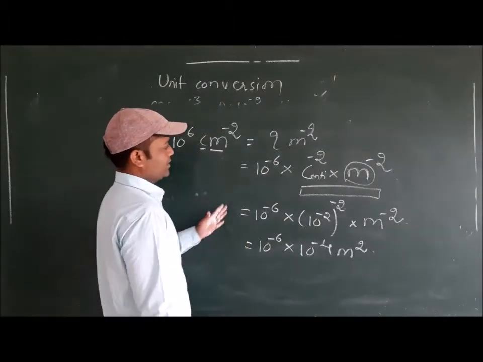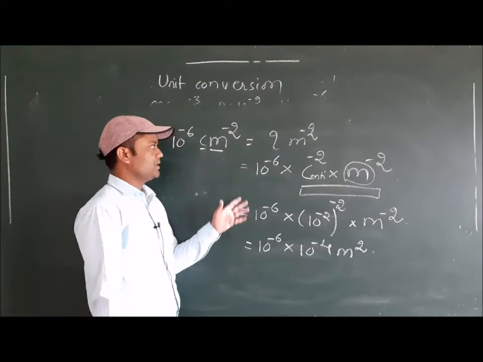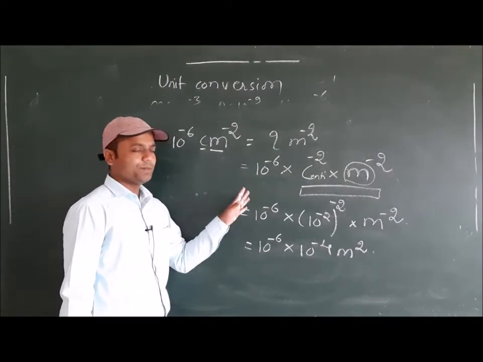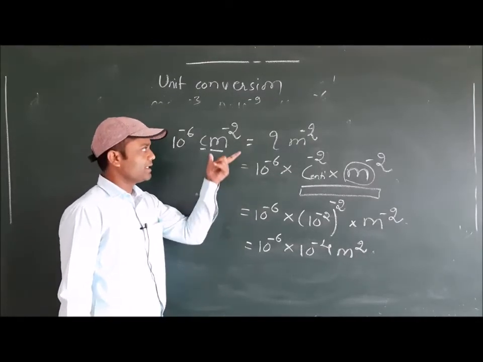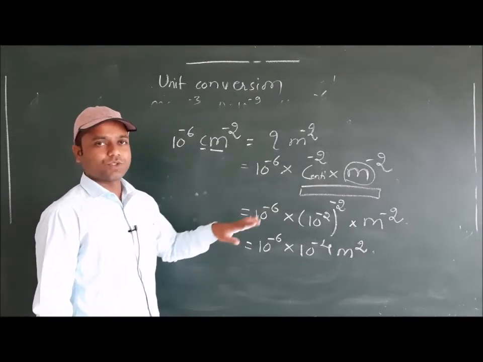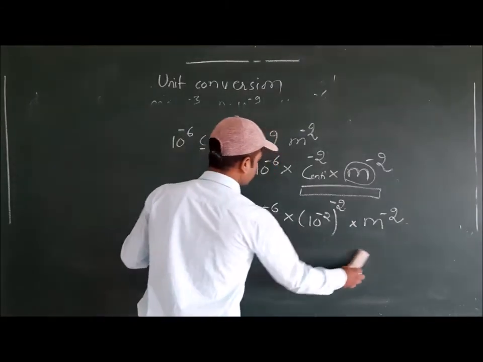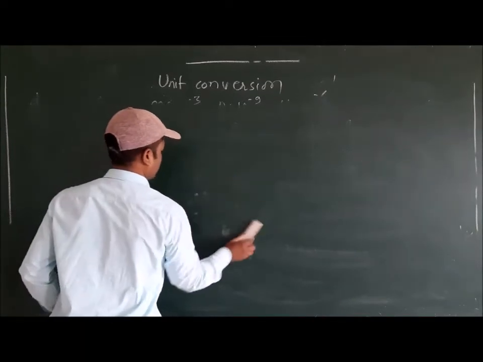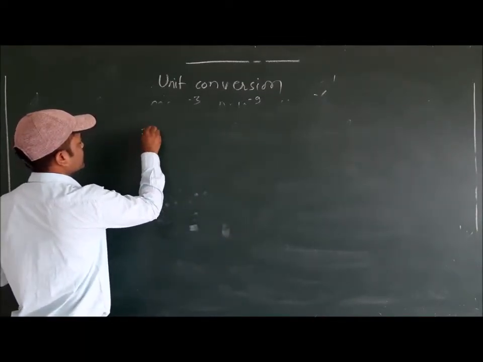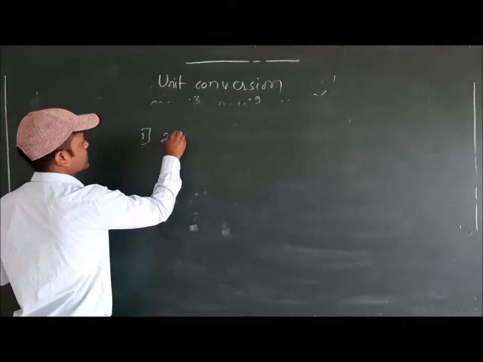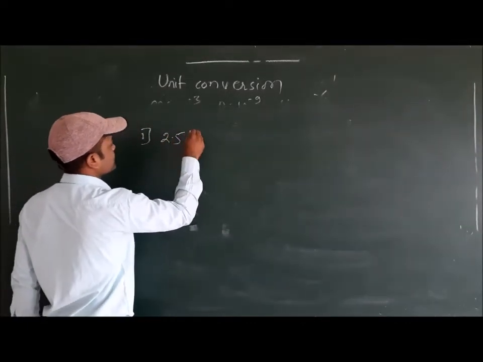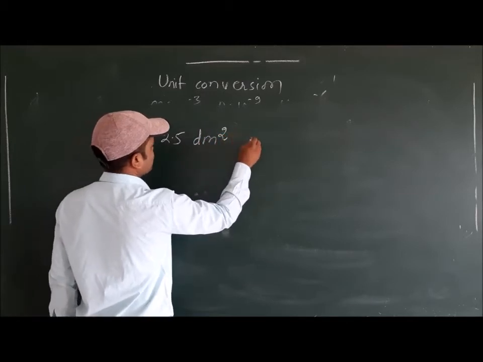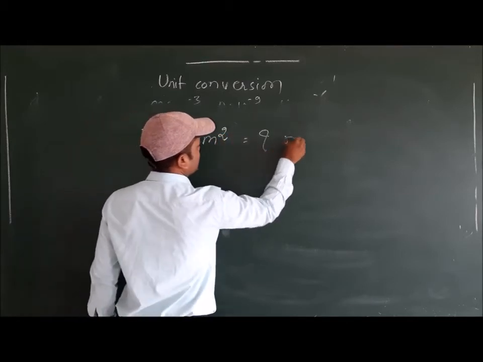So I think you understand it. If not understood, watch it again repeatedly, see what steps I am doing, and practice the same example first. After practicing it, I again write here a few examples, solve them. Decimeter square is equal to how many meters square?